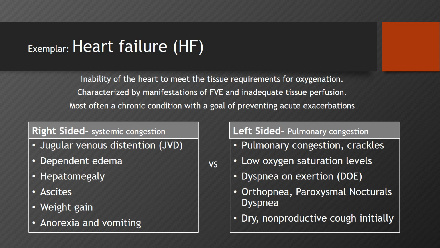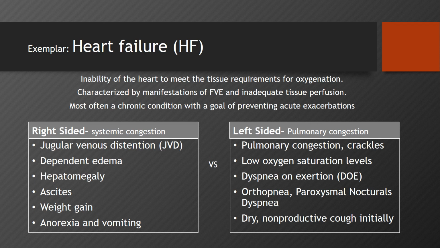And then your right-sided heart failure. So this is going to be your systemic signs and symptoms. So basically the whole rest of your body is going to show signs and symptoms. So you're going to see jugular venous distension, okay?